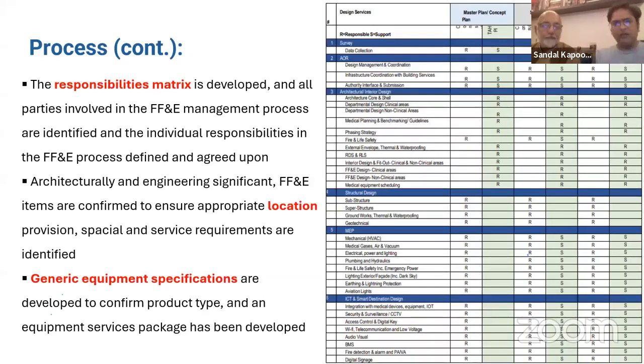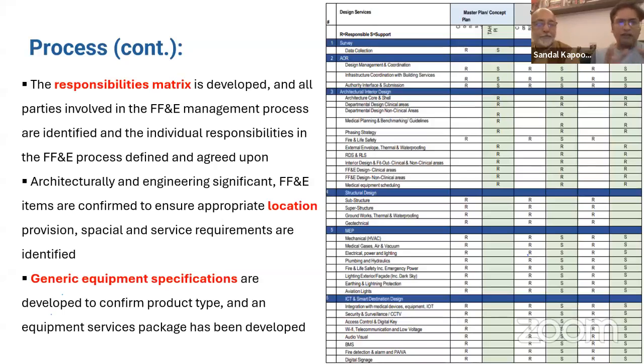A sample of a responsibility matrix is shown in the slide here. As you can see, there are architects, interior designers, structural engineers, MEP engineers, all these players. And at a certain stage, whose main responsibility it is and who is giving the supporting functions to the primary player.